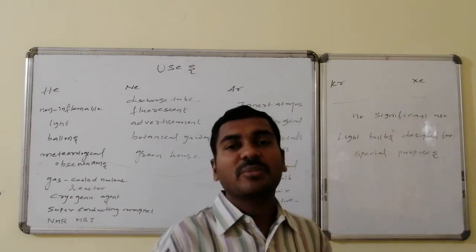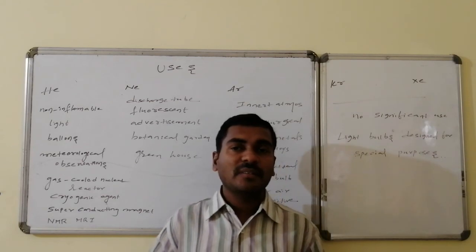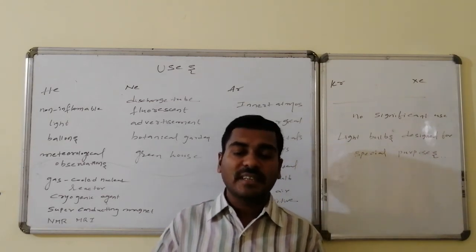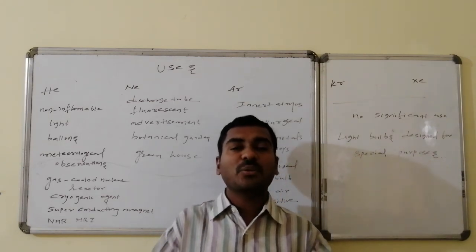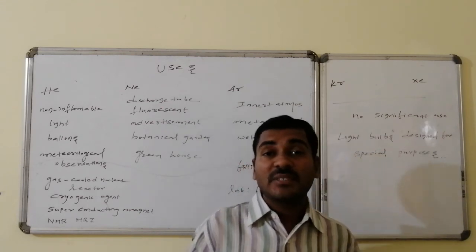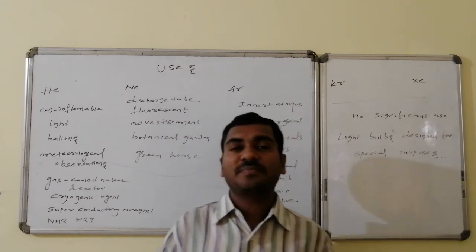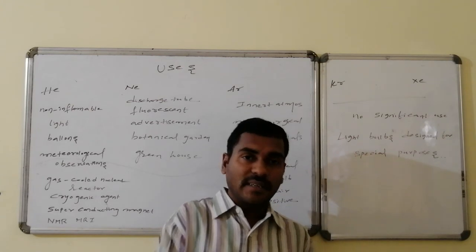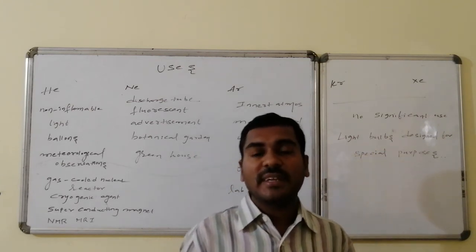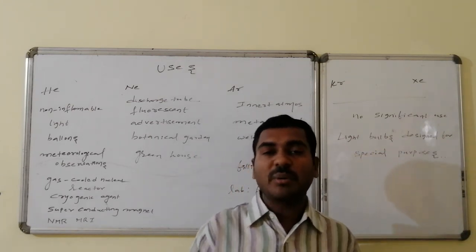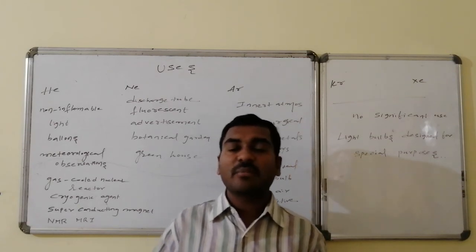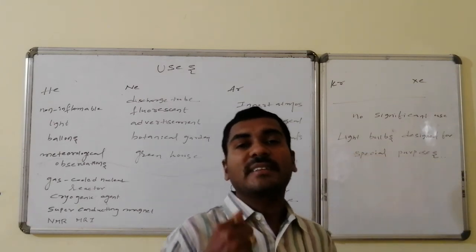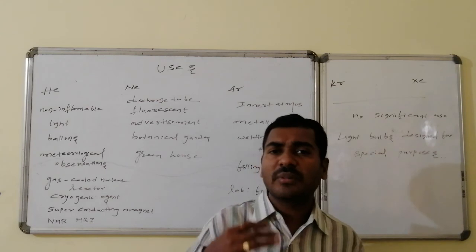When they come up from the bottom of the sea, the pressure automatically decreases. The gas which is dissolved wants to come into the gaseous phase, whereas if it is less soluble, it won't come. If it is highly soluble, then it takes the shape of the gaseous physical state. As a result, bubbles will be formed in the veins, causing severe pain, and that situation is said to be the bends, and often the person dies.